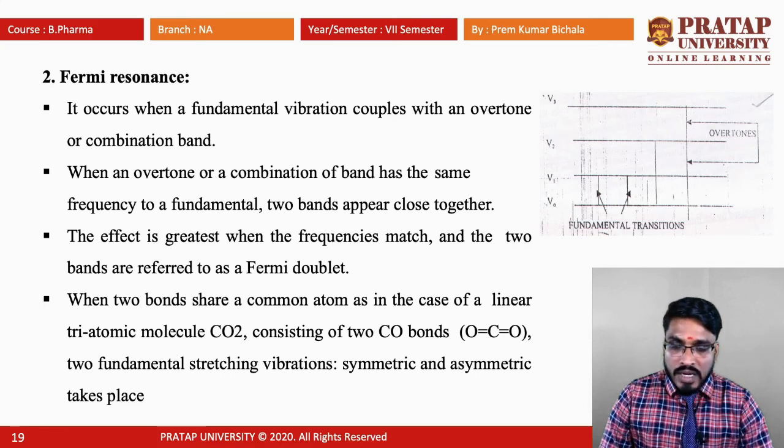When two bonds share a common atom, as in linear triatomic molecules like CO2 consisting of two C double bonds, two fundamental stretching vibrations may take place, that is symmetric and asymmetric, like in the methylene group. If both take place at a time, there may be Fermi resonance in the molecule.